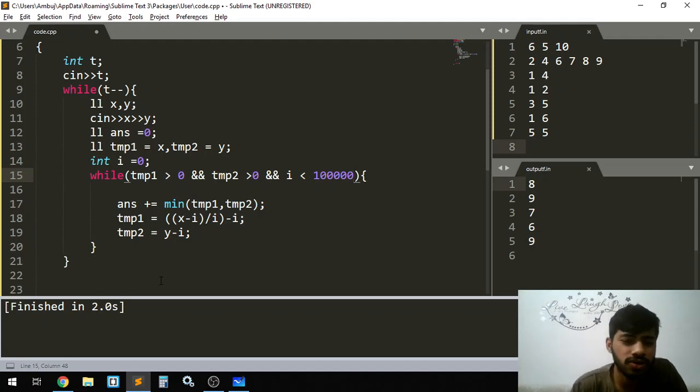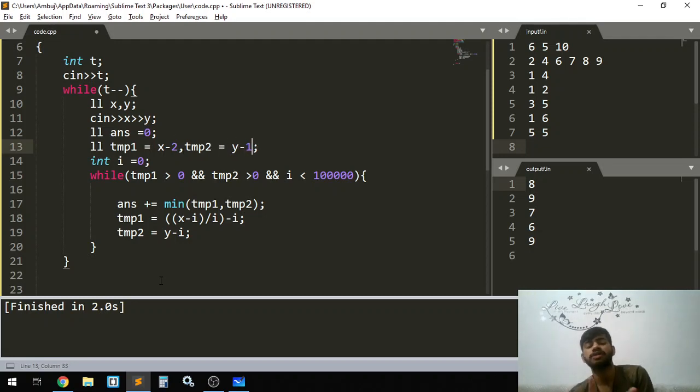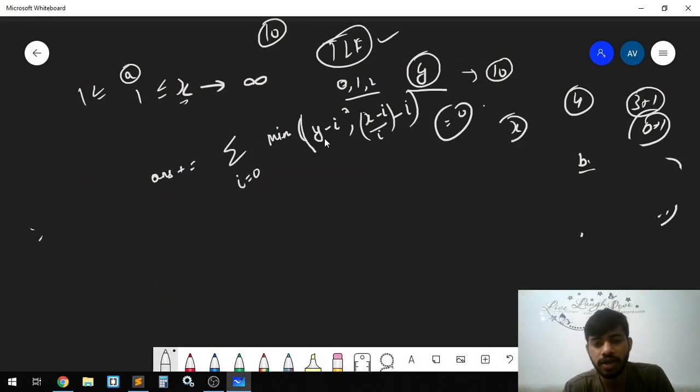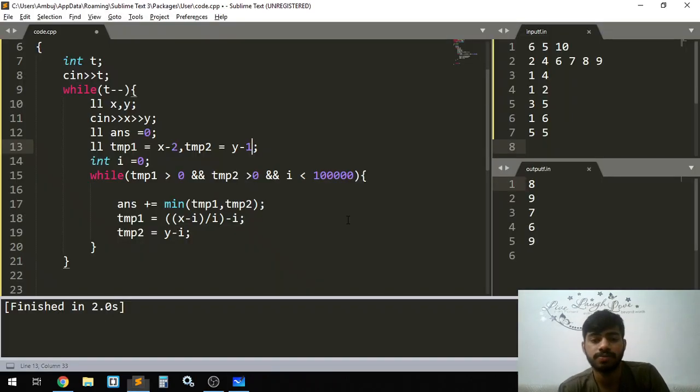Now I just need to check the first case. The first is x minus 1, x minus 2, and y minus 1, because I don't need to take x and y directly. I'm using x minus 2 for our first case, that is x minus 1 and y minus 1.